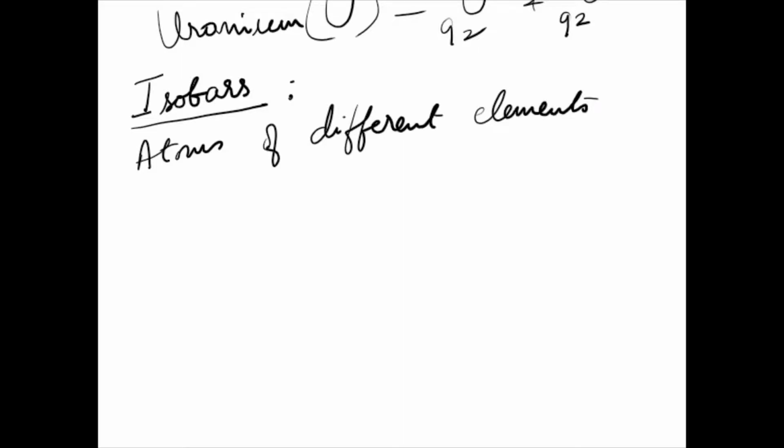Now what do they have similar? They have similar mass number, but their atomic number is different. So if atomic number is different, their chemical properties and physical properties are all different. But what is common is their mass number.